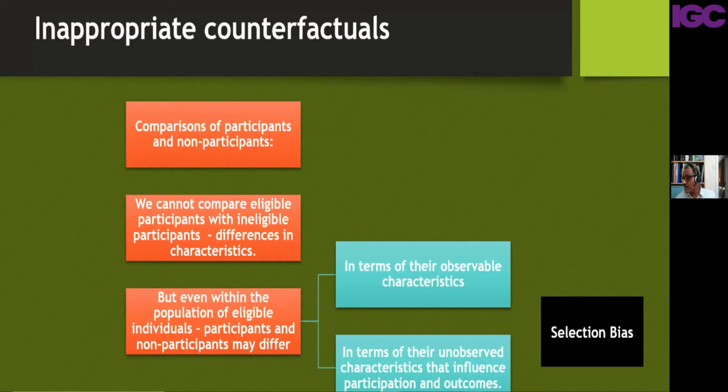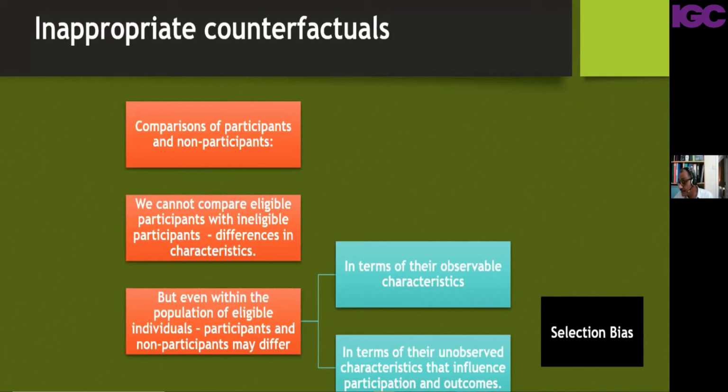So because participant groups and non-participant groups differ in terms of their observable and unobservable characteristics, you cannot simply compare the outcomes of the two groups and then assess the impact of the program.